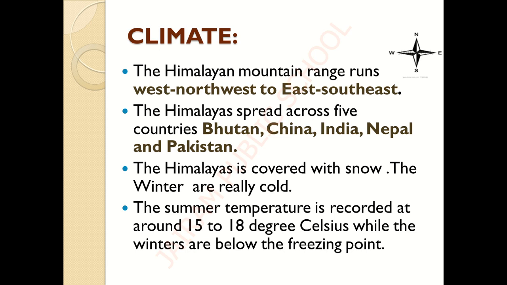Whenever you turn it more, you feel so icy, isn't it? Likewise, whenever the degree falls below the freezing point, the winter will be utterly worse, and there will always be snow rain. This kind of temperature exists in the Himalayan region. So the summer temperature is 15 to 18 degrees Celsius, whereas the winters are below the freezing point.